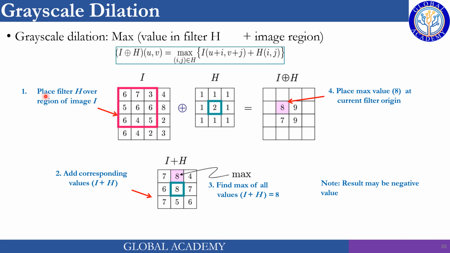So the first step is to place filter H over region of image I over here, and then add the corresponding values, like you will get this one. 1 is added in all the surrounding pixels, and in the center pixel we added 2, as we have the values in structuring element. Then compute the max value. So 8 is the max, so place 8 over here. 6 will be replaced with 8, and so on. You can perform this operation iteratively over all the image.